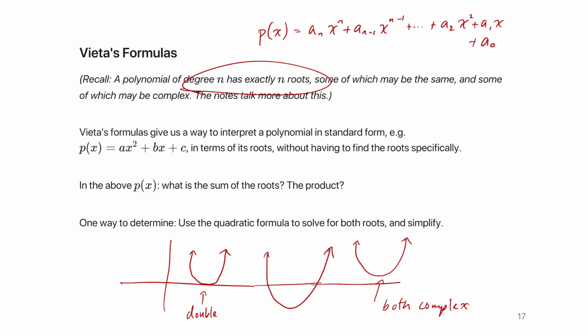Vieta's formulas give us a way to interpret a polynomial in standard form in terms of its roots without having to find the roots specifically.